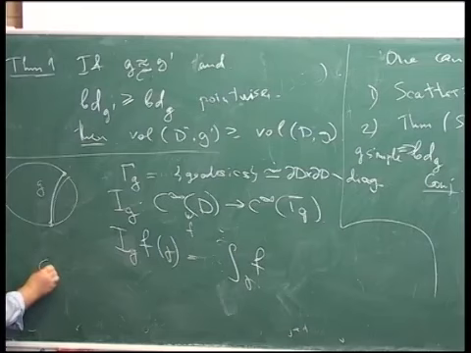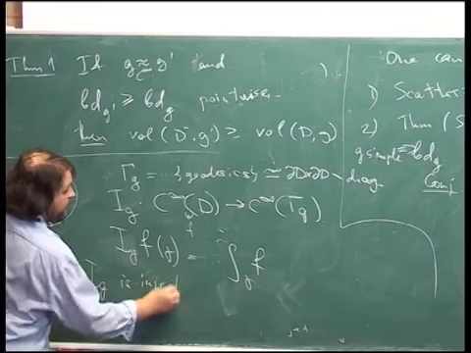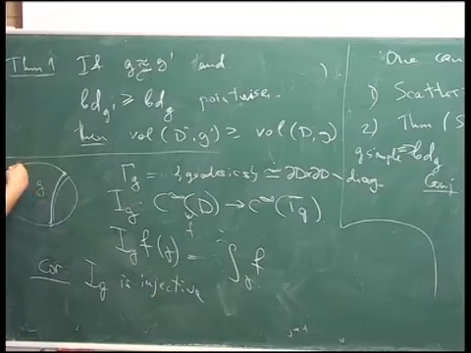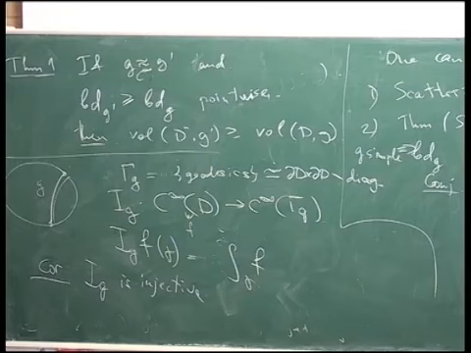And the corollary is that I_g is injective. This means that if you know integrals of a function over all geodesics, then we know the function. This is what it means.